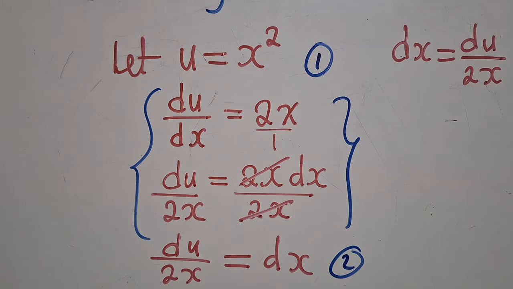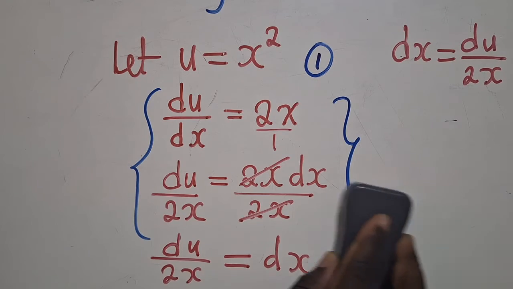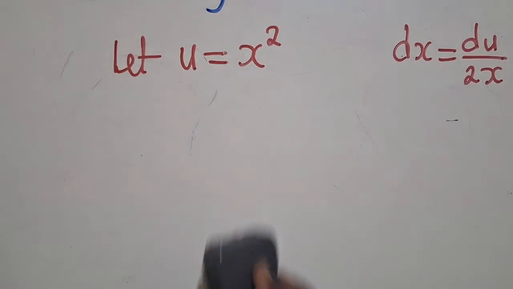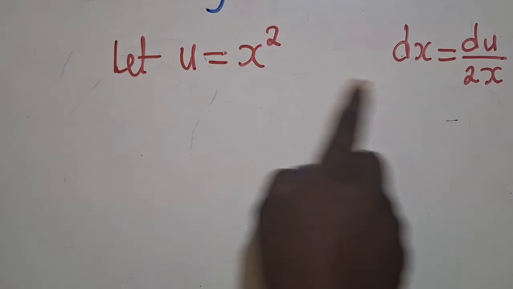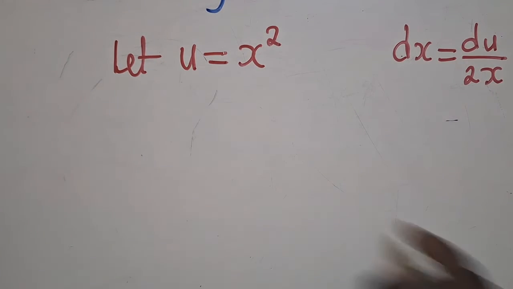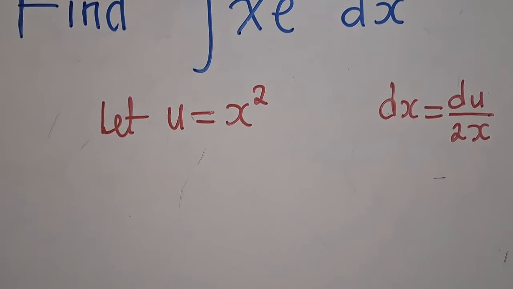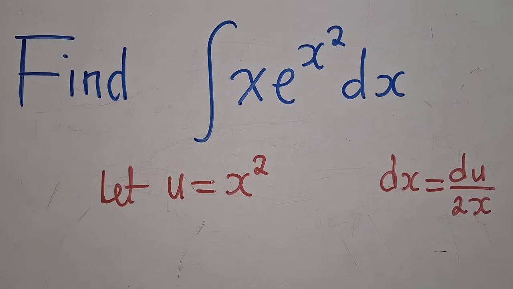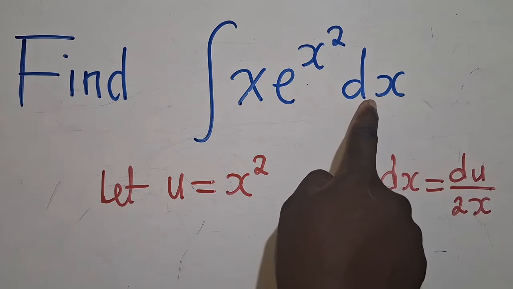So now we keep what we want, and what we want out of whatever we've done are these two, dx and the u. And this is why I said I'll let you know the reason why we're doing all these steps. We want to come and substitute here and here.